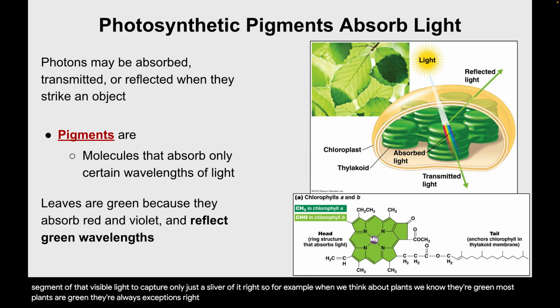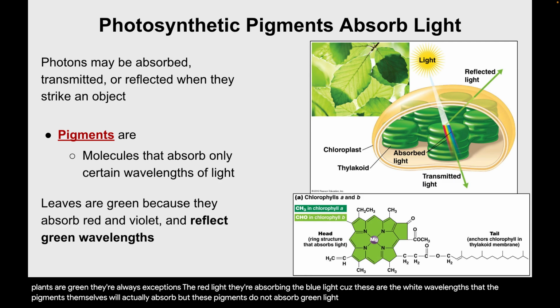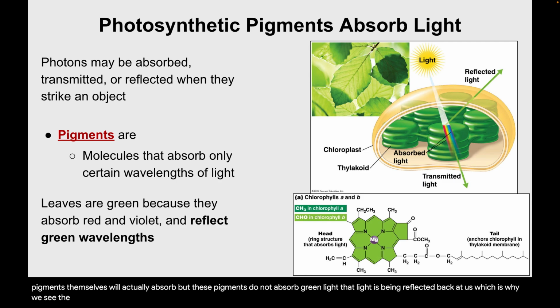Leaves are green because they are absorbing the red light and the blue light, because these are the wavelengths that the pigments themselves will actually absorb. But these pigments do not absorb green light. That light is being reflected back at us, which is why we see the leaves as green. Because the leaves aren't using green, it's reflected back to our eyes.